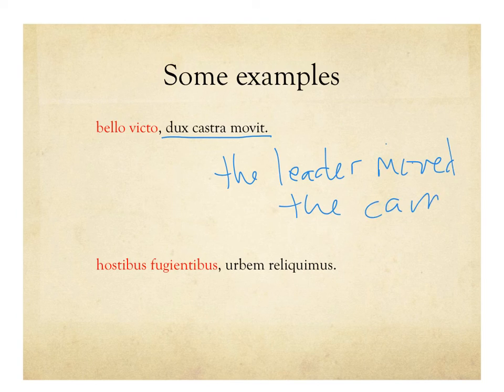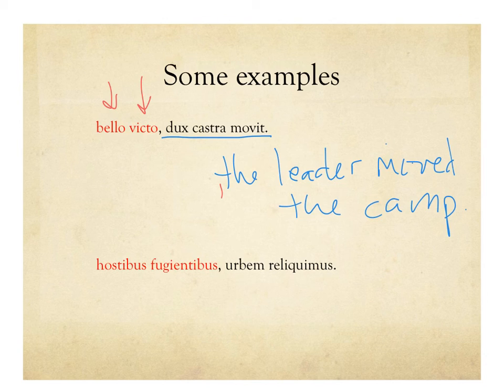But we have this other thing in the beginning. We have bello, which is a noun, and victo, which is a participle. They're both in the ablative singular. And we're going to translate this. You can also see there at the beginning of the sentence, they are set off by a comma. And so they are really separate from the rest of the sentence.